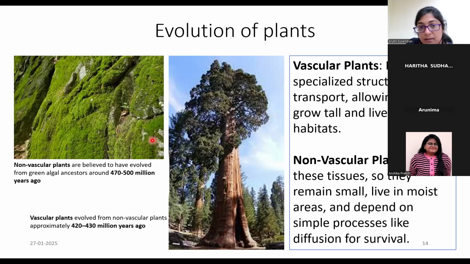It is from these that vascular plants evolved. Vascular plants have a very complex and specialized structure for transporting water and nutrients. Their structure is also more defined. They have stems, from which there are branches that have leaves. They have a root system that fixes the structure vertically on the earth. So theirs is a more complex structure, and we will be going into the processes involved in vascular plants.